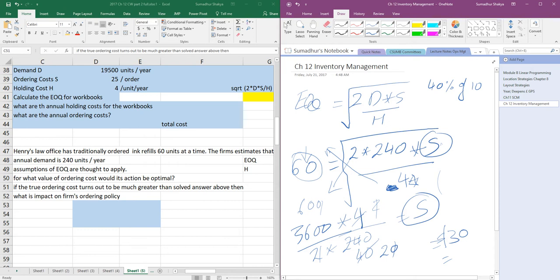Let's say it goes to 90. Theoretically it would be easier if I gave you an example of 900, going from $30 to $900.